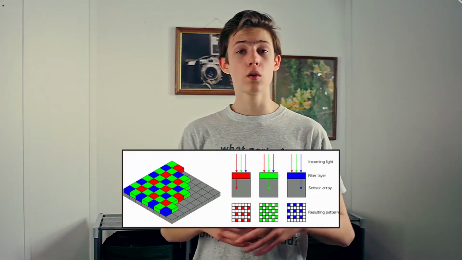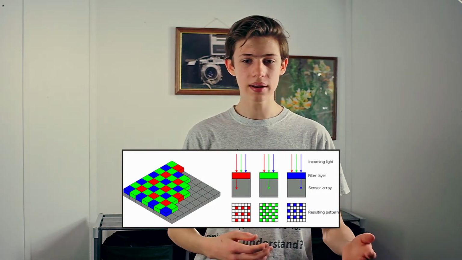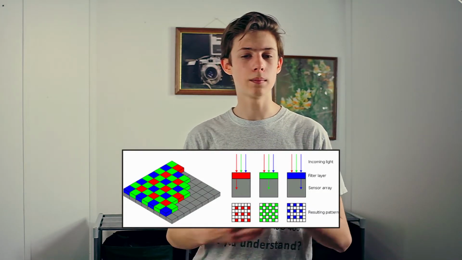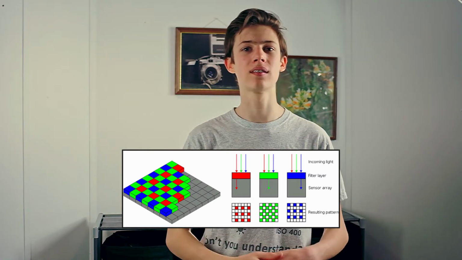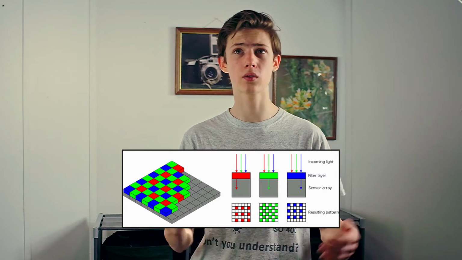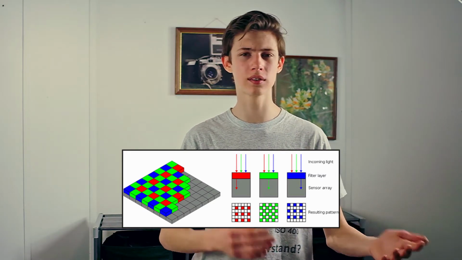The reason why there are twice the amount of green pixels is because the eye perceives green as 200% brighter. Hence there being twice as many green pixels. So red light passes through the red pixels, while green light and blue light do not pass through the red pixels, and the blue light passes through the blue pixels while the red and green light don't pass through the blue pixels. You get the idea.